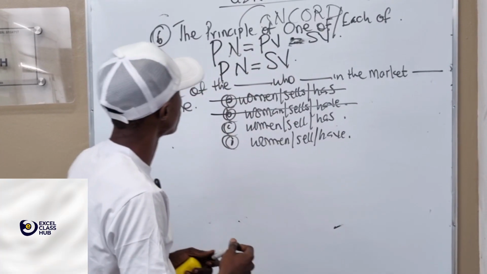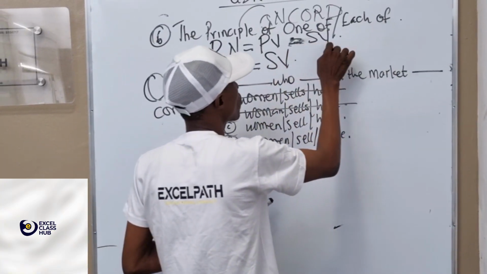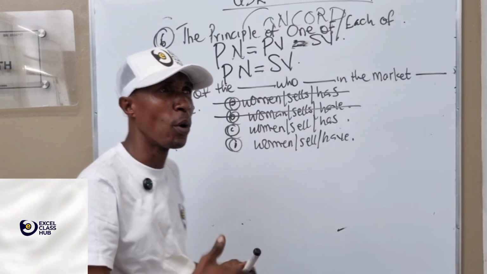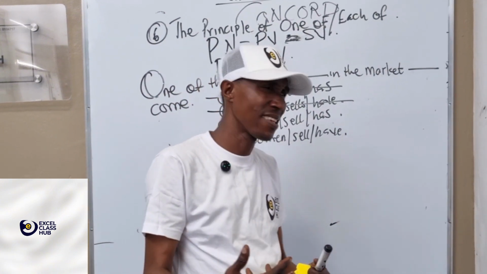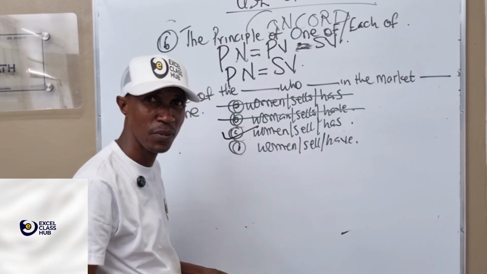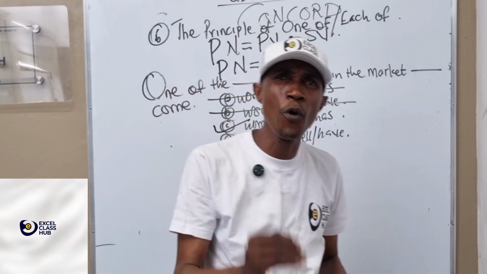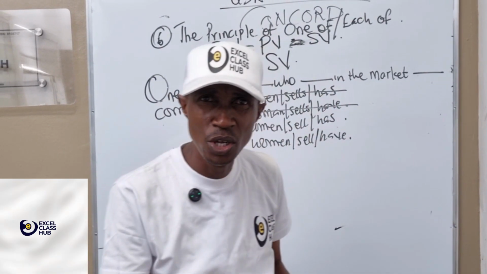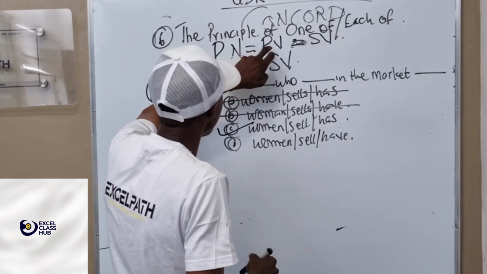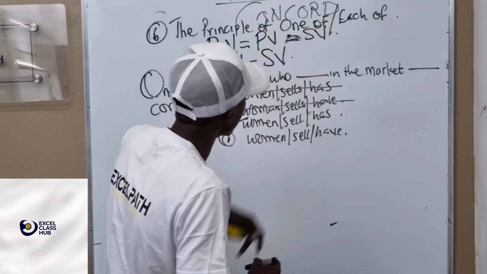Then you go to the last one, which is singular verb. And your singular verb that we have been told must carry S. And the correct answer here is option C. So you are to follow the principles, PN to be equal to PV to be equal to SV.